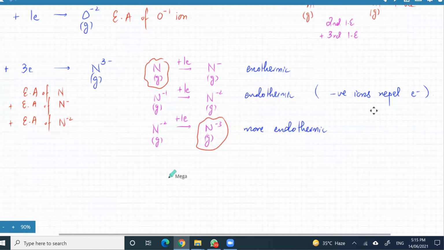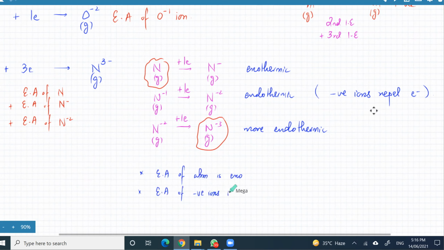So the rule is that the electron affinity of the atom is exo, and the electron affinity of negative ions is endo.